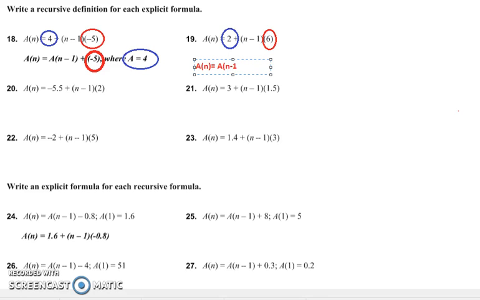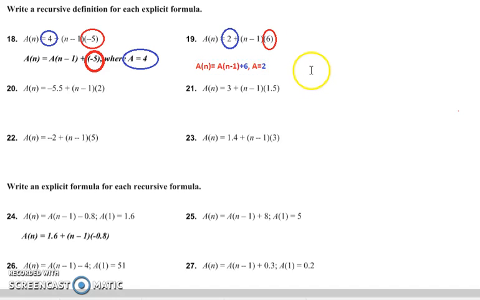Write down what I am writing, or typing in this case, plus, okay, this is what you'll have for all of them. The only thing that's going to be different is whatever your common difference is. Here, it's positive 6, so it's plus 6. And then the rest of it, a is equal to, in this case, a is equal to 2. Okay, so that's how you do that.